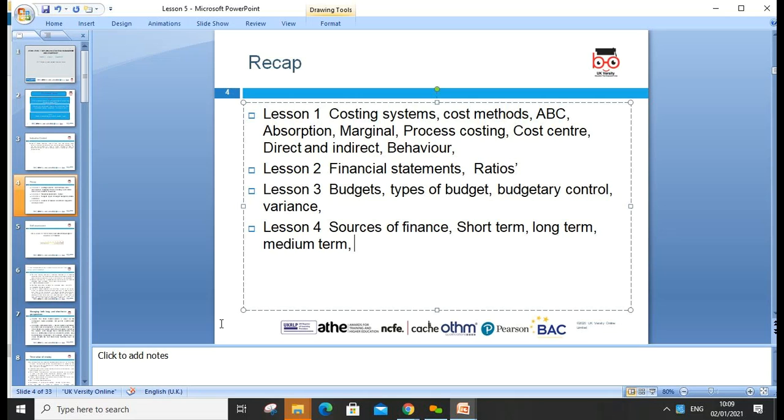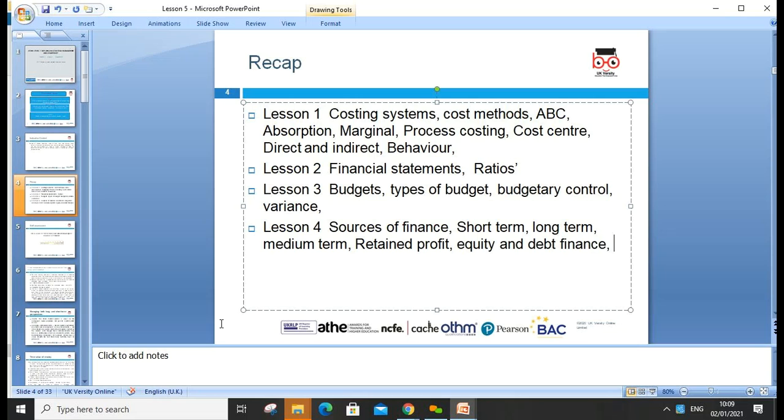Yes, we discussed retained profit. Good, that can be a source, retained profit, where you can raise money. We discussed equity and debt finance. Yes, we discussed debentures, bank loans, shares, and various options.